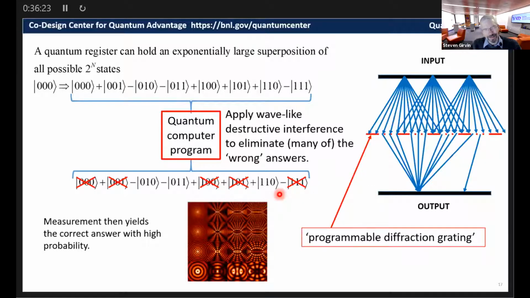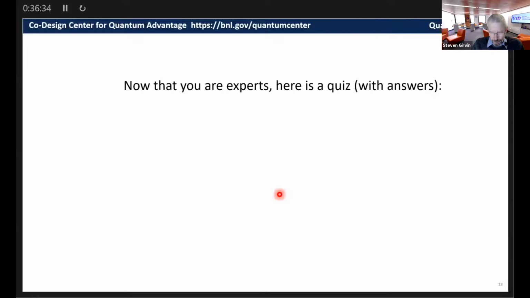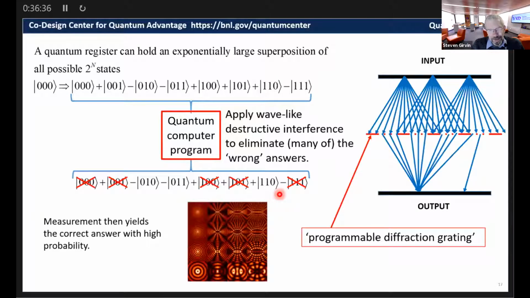So that's just a crude metaphor, but that's roughly how quantum computers work. But it also is why there aren't actually that many known quantum algorithms, because computer scientists and physicists don't have such great intuition for how to make these interference effects work in our favor by writing code.